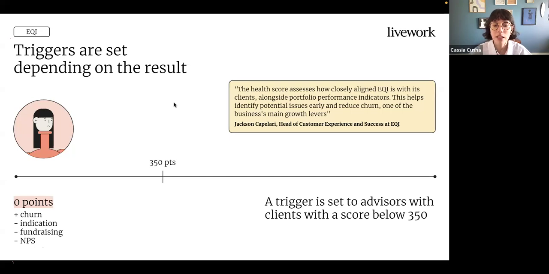So we understood that if the client has a score of 350 and below, advisor switch cannot happen until this score is improved, right? And they were able to, again, test different groups. One group where the clients received the contact from the advisors, and one where they did not. And they understood that the churn rate in those that advisors did nothing with was higher.